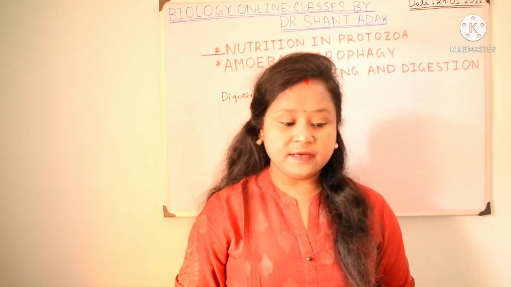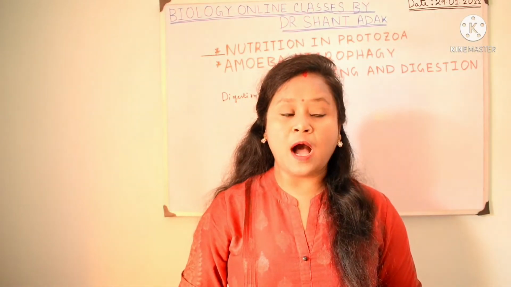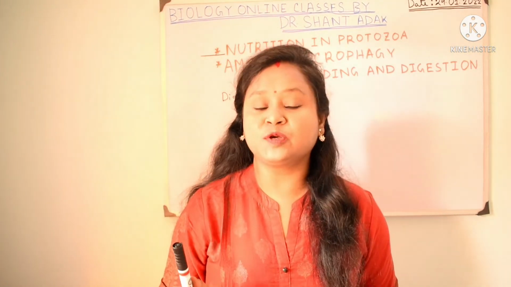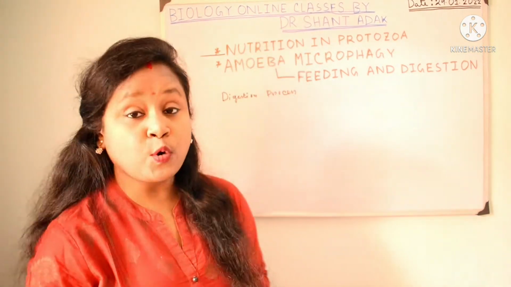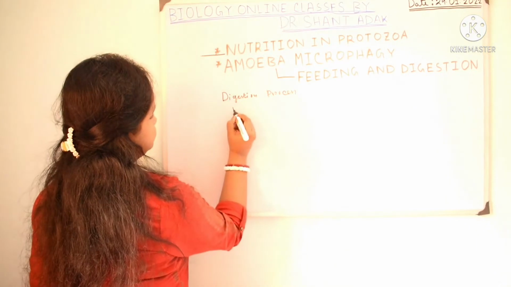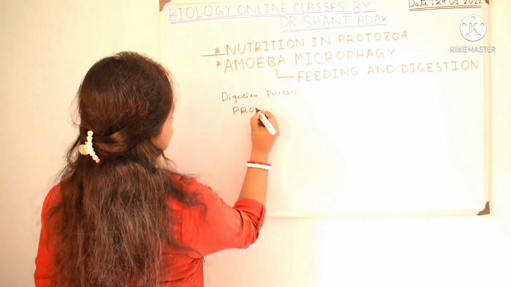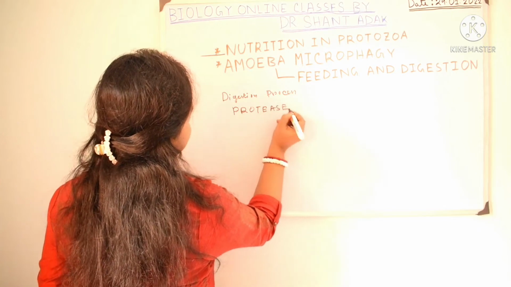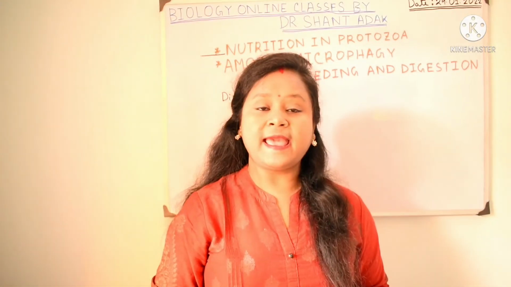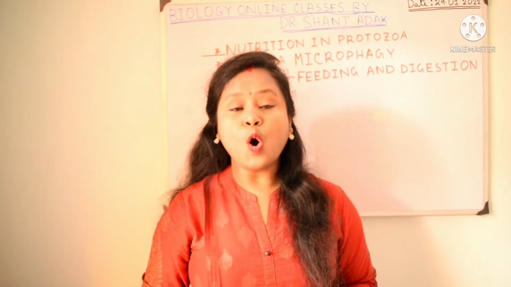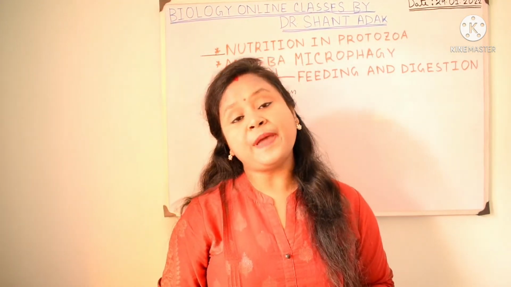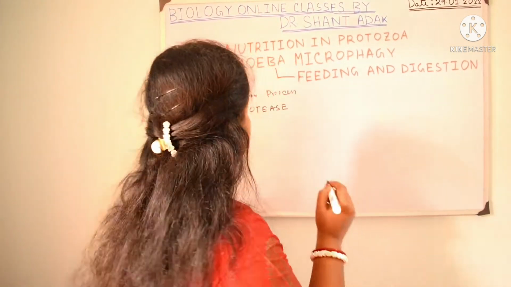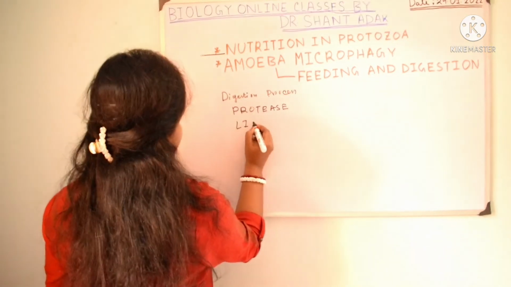And there are some enzymes, and how enzymes act and their actions are as follows. First of all, the protease enzyme. Protease enzyme has cathepsin I, which converts protein into peptides, and the next one is lipase.